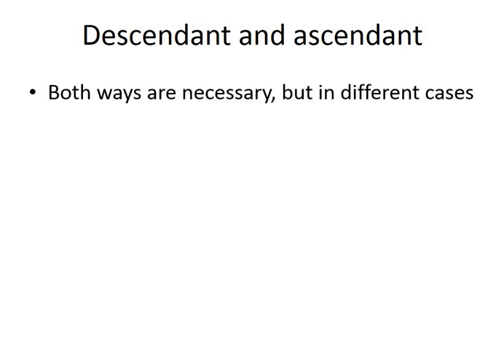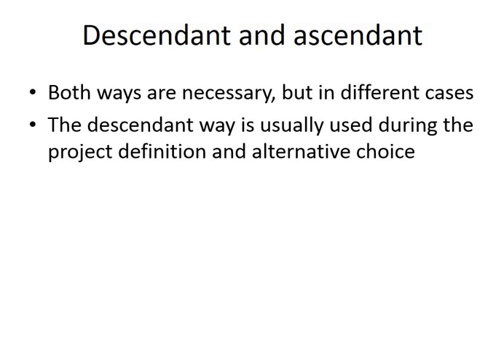So, first of all, both of those ways are necessary. And we do not say that one is better than the other, because both are necessary, but in different circumstances.